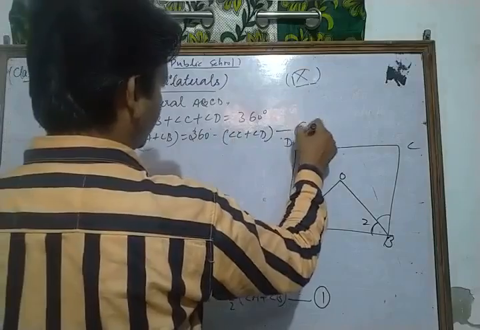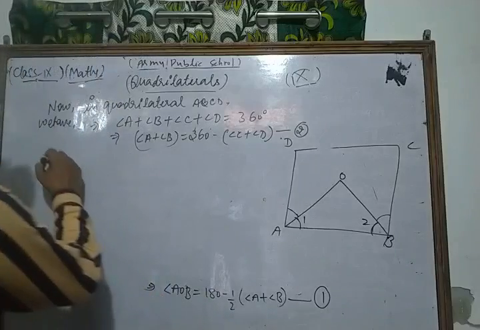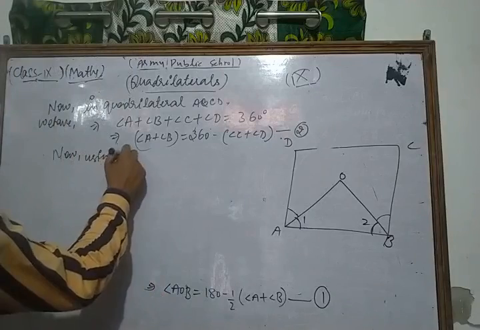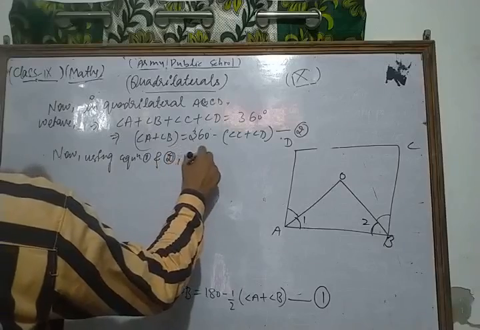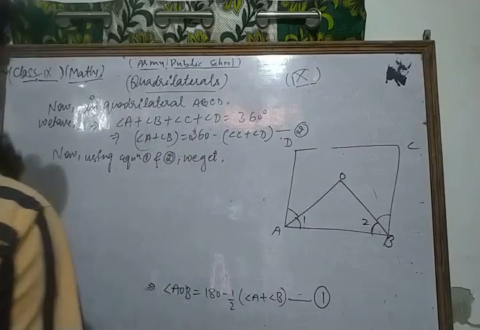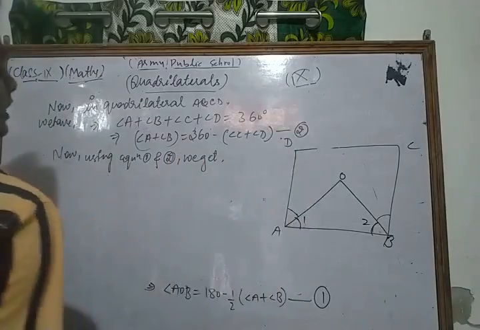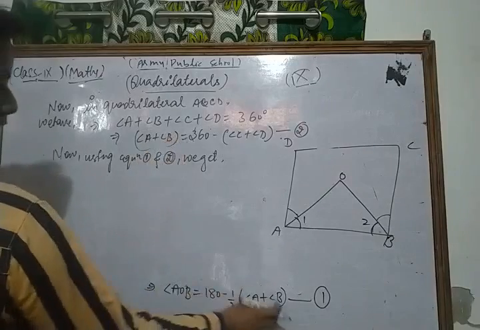We take this as equation 2. Now using equation 1 and 2, we put the value of angle A plus angle B in equation 1.